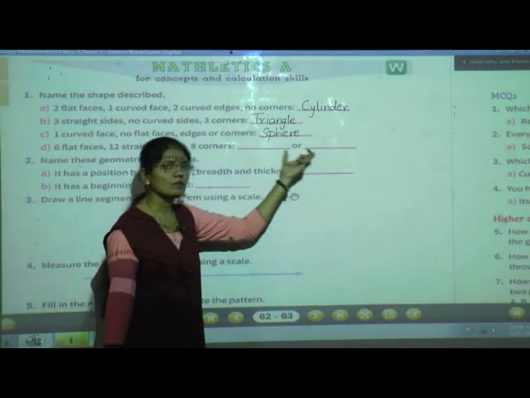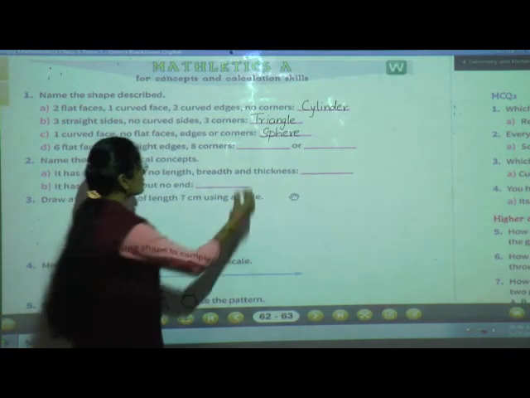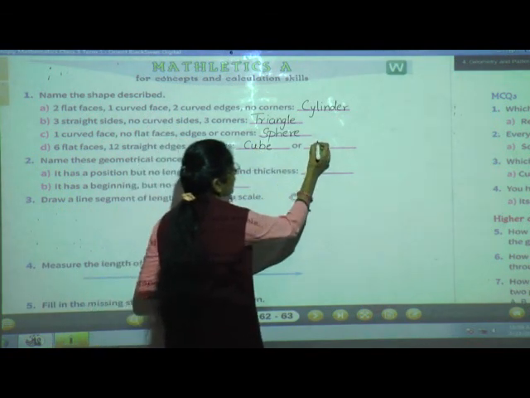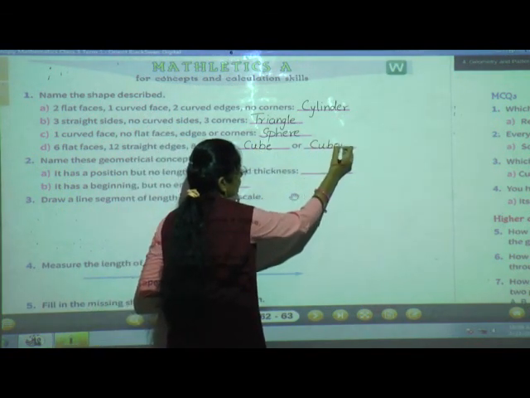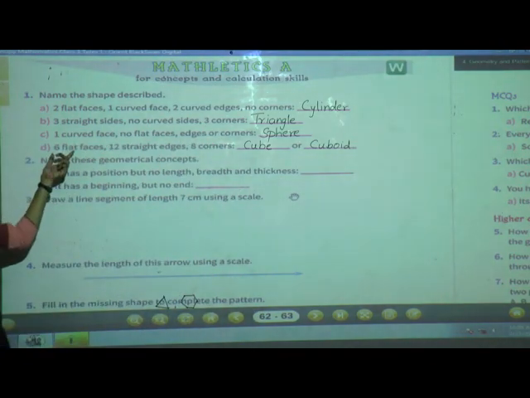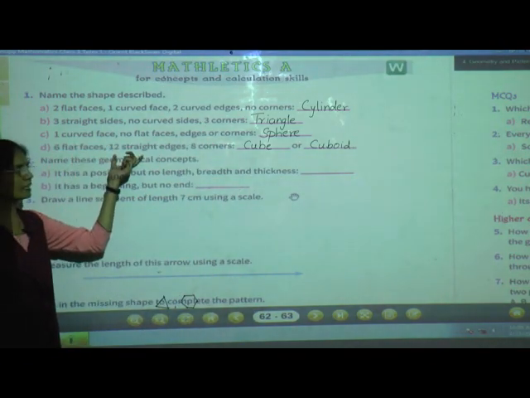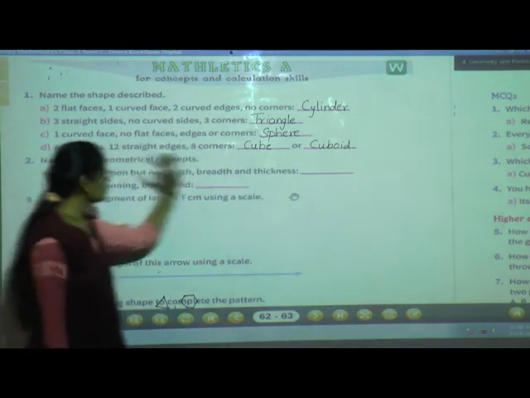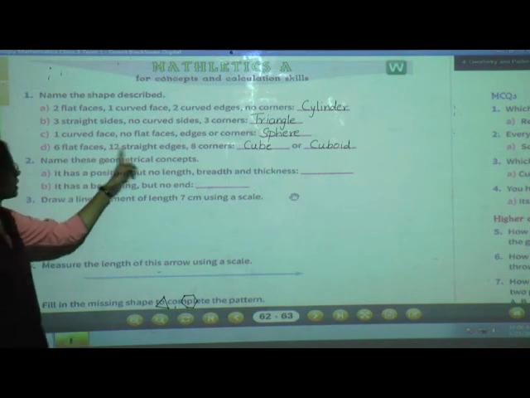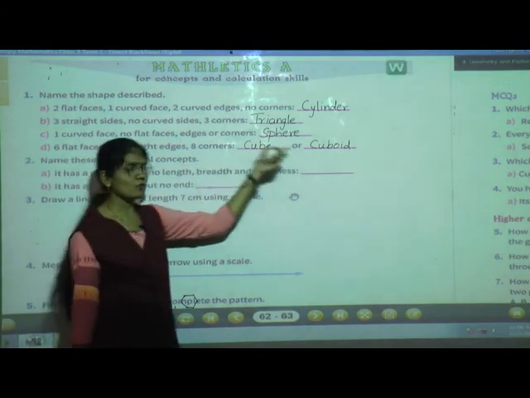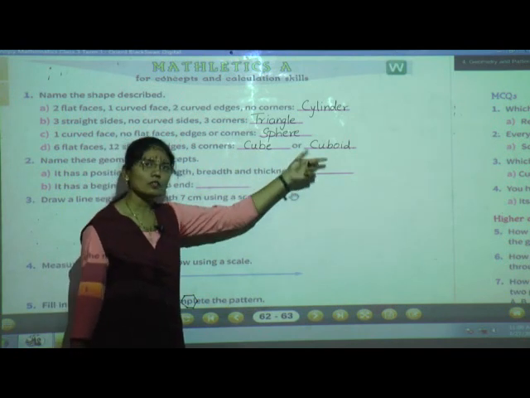So here we will write both the shapes: cube or cuboid. Because in a cube as well as in a cuboid there are 6 flat faces, 12 straight edges and 8 corners.